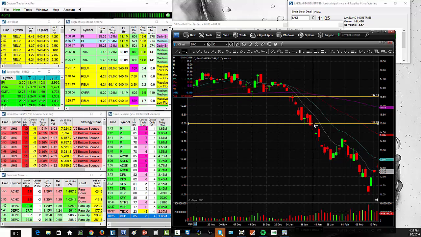It comes down to 15, you're still holding it, so maybe you add another 500 shares. You reduce your average cost. It drops down more, down to 12, down to 13, whatever. You can add more, and what you're doing is you're reducing your average price. You're increasing your position.